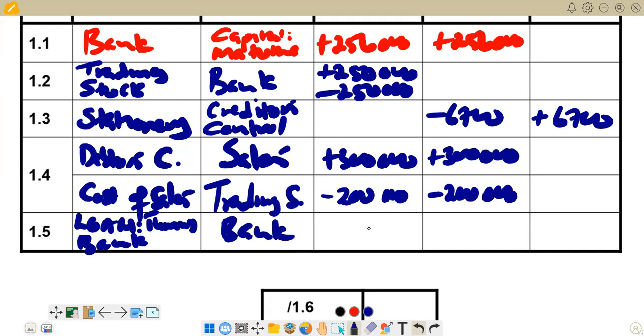The effect is on assets, which is a negative on this part. Crediting bank, negative 89,000. Then also a negative on liabilities, which is negative 89,000. Right, so that's what we have, guys, in terms of the accounting equation.